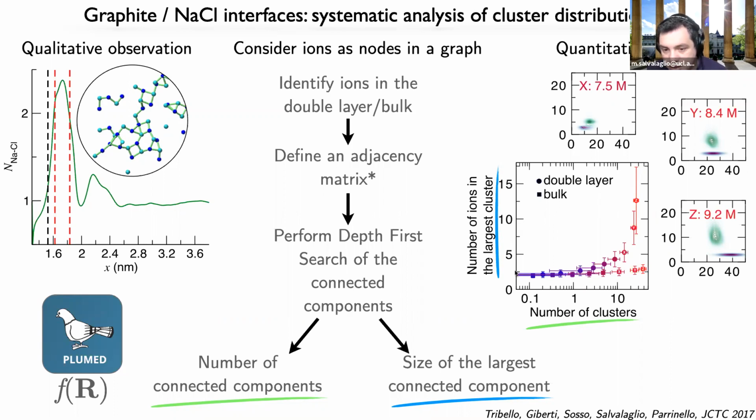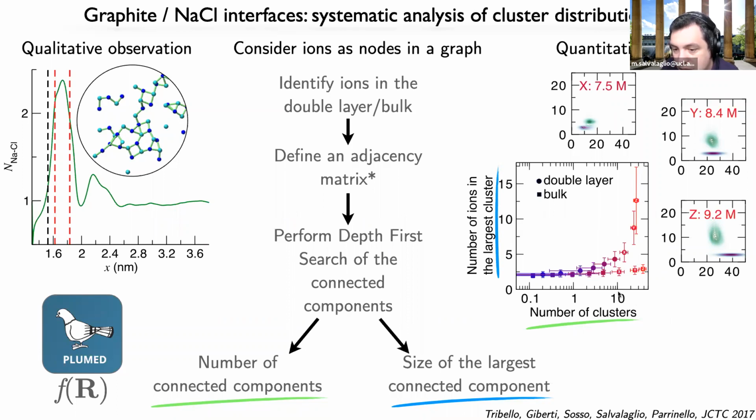However, the size of these clusters that are observed in the bulk is always very small. Those are essentially dimers or ion pairs that are formed in the bulk of the liquid phase. What happens in the double layer instead is quite different. As concentration increases, so as these points go from blue to red, there is a deviation from the bulk behavior.